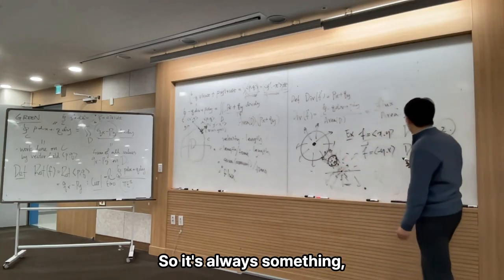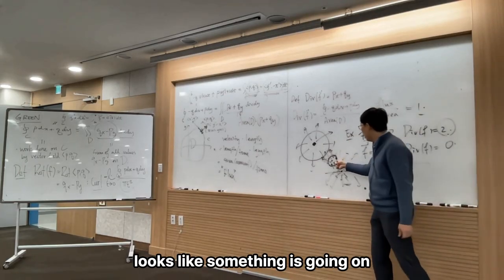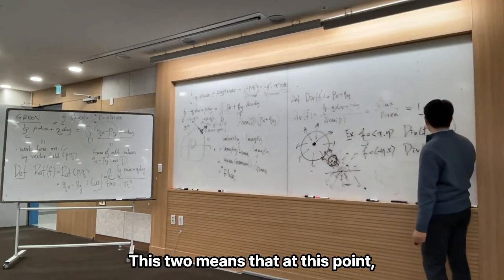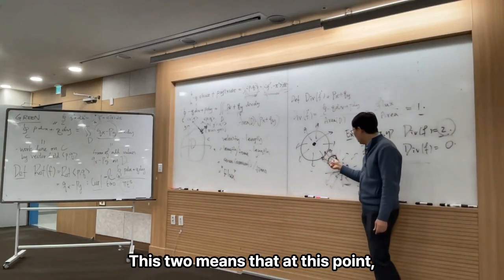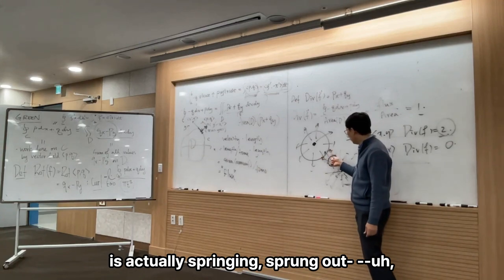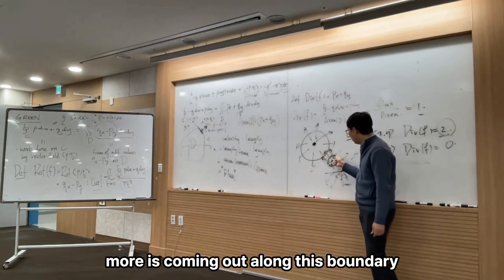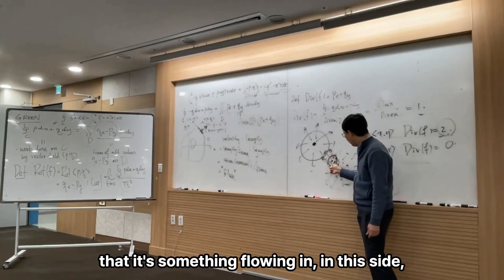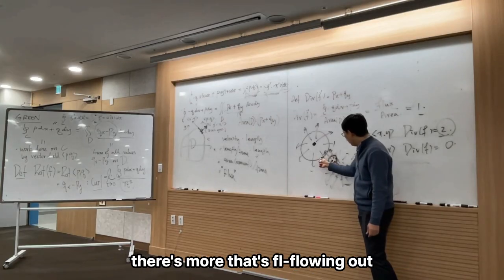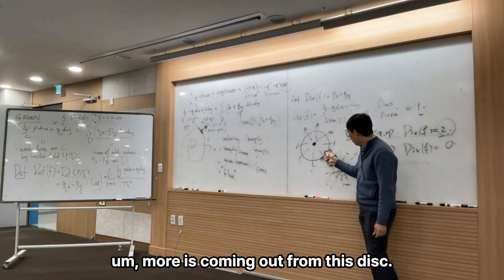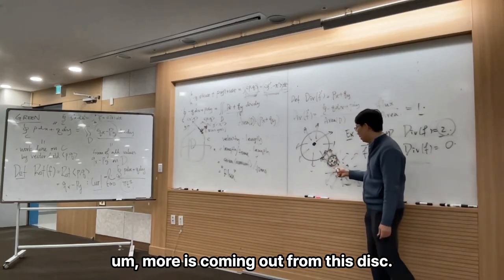So it looks like something is going on in between at this point. This 2 means that at this point you can imagine something is springing out. Even if it's partly canceled by what flows in on this side, more is flowing out, so more is coming out of this disk.